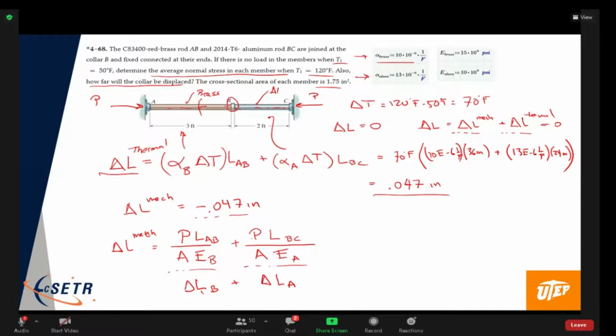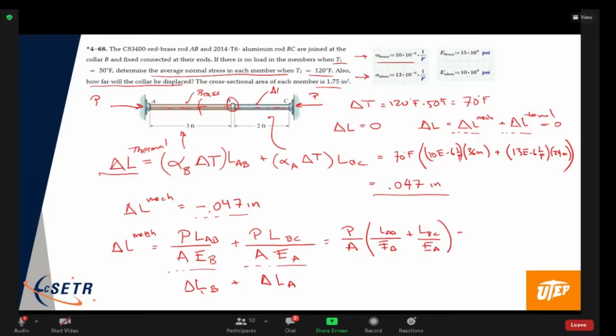Now, P is the same for both, and the area is the same for both, so I can pull that out. So that's P over A, all right? And so now we've got length AB over Young's modulus for the brass plus length of section BC over Young's modulus for the aluminum.